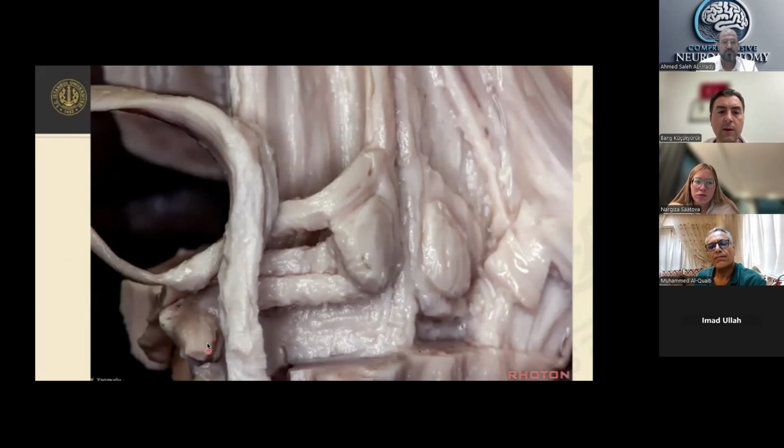So this is the left facial nucleus, and the facial nerve begins as the intrapontine segment of the facial nerve, goes around the abducens nucleus and then goes to the cisternal segment as the cisternal facial nerve, while the abducens nucleus continues as the abducens nerve here.